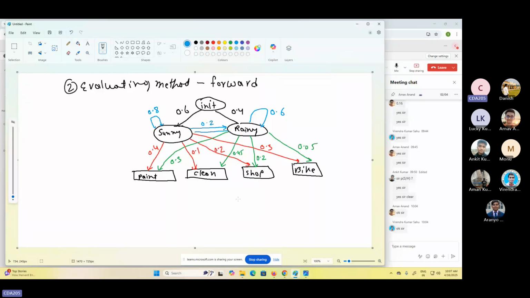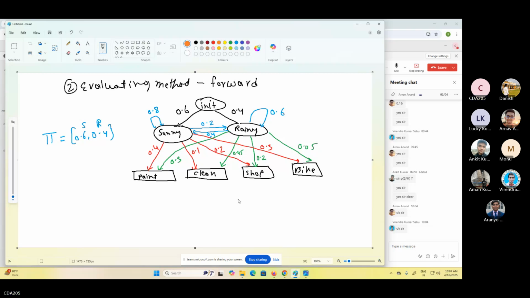And from rainy to sunny, it will be 0.4. So everyone has understood this part. And the initial pi will be 0.6 and 0.4, for sunny and for rainy.